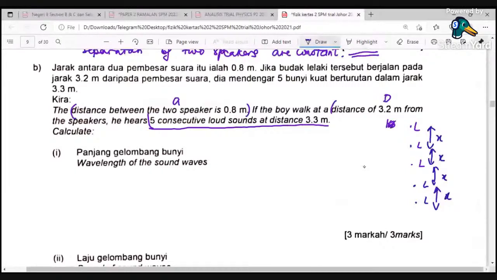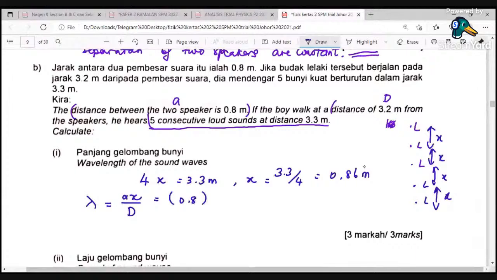Between 2 kita kira sebagai 1x. Jadi maksudnya ada 4x lah. So 4x equals to 3.3 meter. So x ialah 0.86 meter.